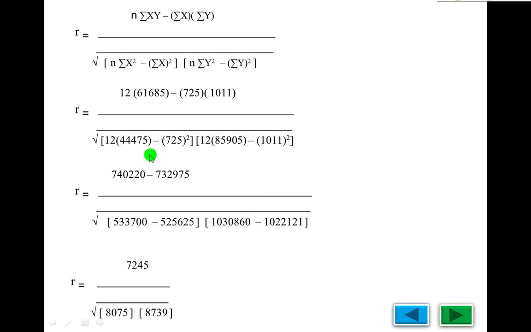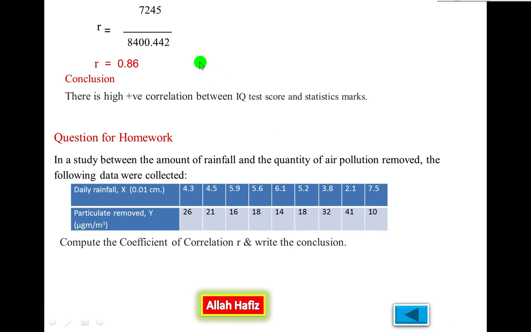Then simplify the numerator term, and simplify this bracket first separately, then multiply both terms, then take the square root and divide the numerator by the denominator term. You will obtain the value of r as 0.86.